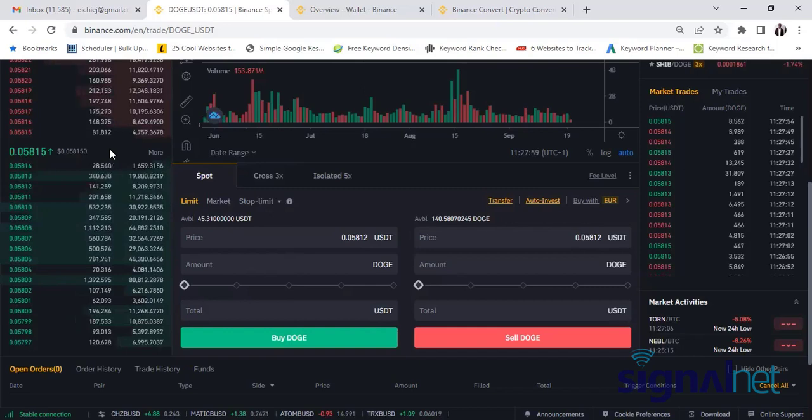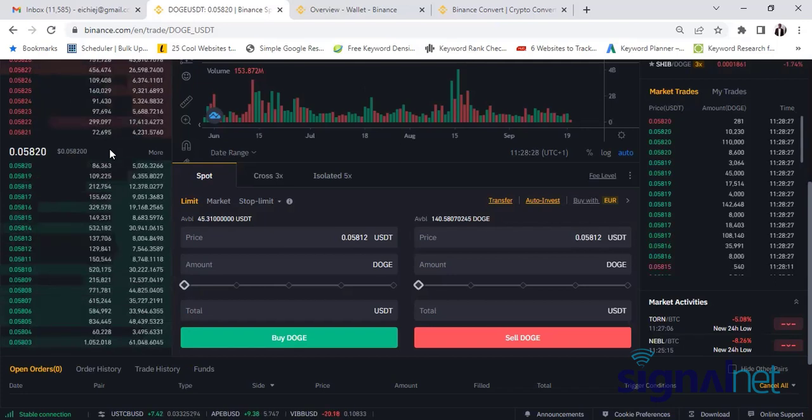I say I want to buy XYZ quantity of Doge. Instead of it just selling to me immediately and charging me a commission, if I use the limit, it will wait because there's continuously a buy and sell going on. It will wait until there's a market order that meets the price I want, then it will fulfill it for me. So in that case, I don't pay any charge.